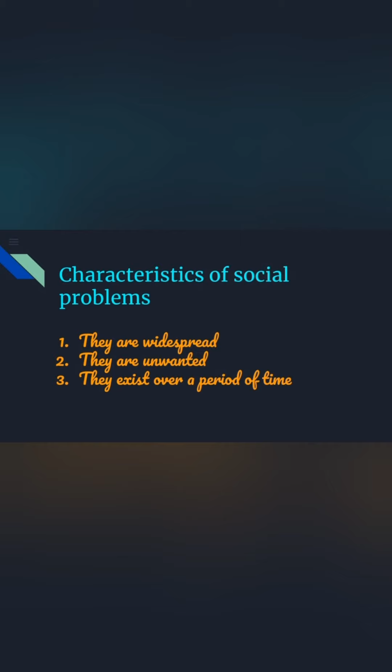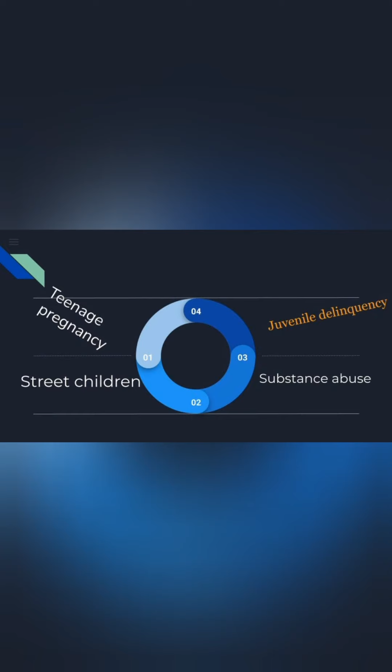It's a condition or a behavior that is unwanted or undesirable. Number three, they exist over a period of time. So a social problem, as I said earlier, is not something that has just emerged, but something that would have existed for a good while, a long period of time.